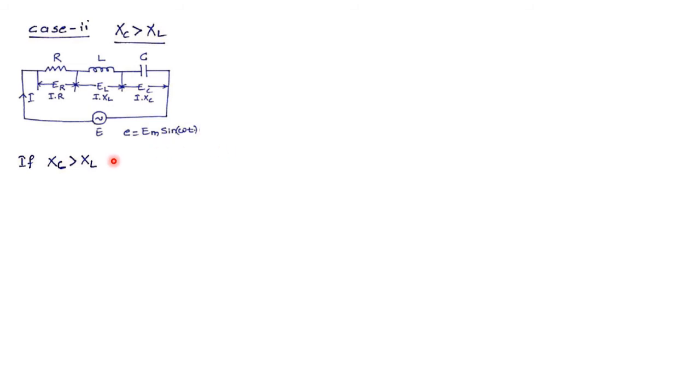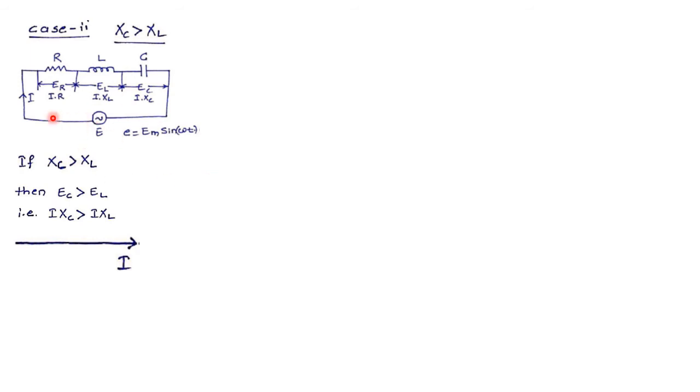Now when XC is greater than XL, obviously EC will be greater than EL, because I into XC is greater than I into XL. Again, the same current I is the common quantity that is flowing in all the components. Hence, my I into XC will be greater than I into XL.